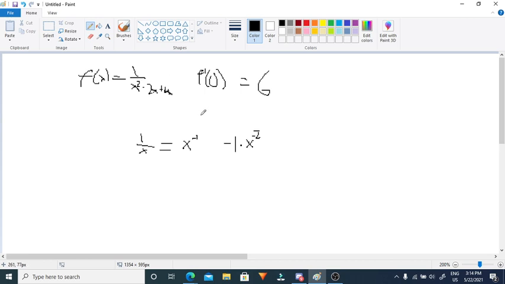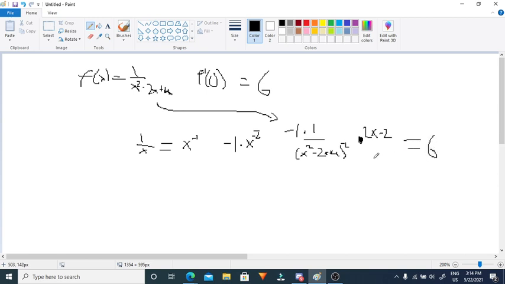So that's what we're going to do here. I'll write it over here. It's going to be negative 1 times 1 over x squared minus 2x plus k, squared. And then just a chain rule times the derivative of this. K is a constant, so it cancels, so it's just times 2x minus 2. And we know this is going to equal 6 when x equals 0.